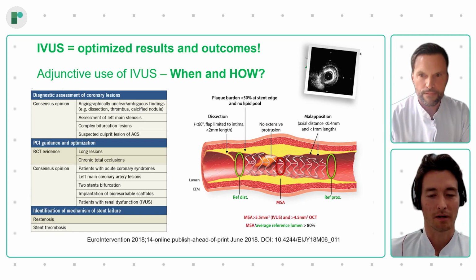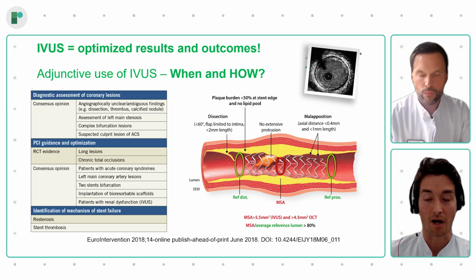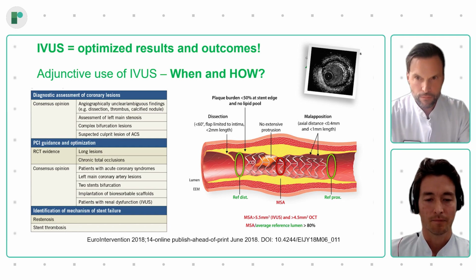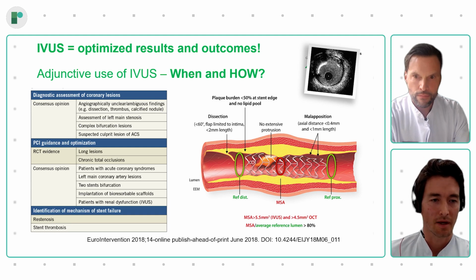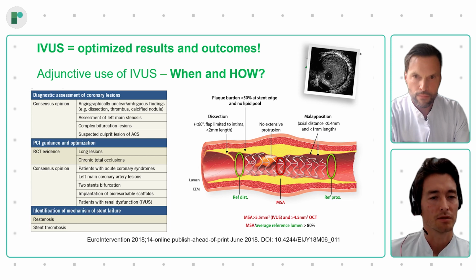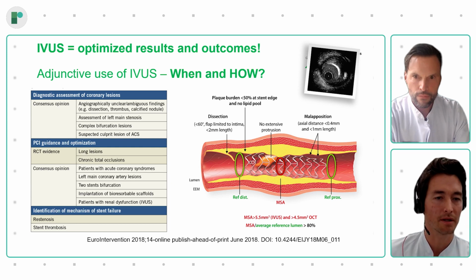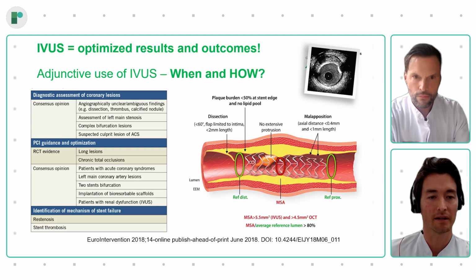It has been shown in the first part of the presentation that the use of intravascular imaging by IVUS or other modalities paves the way to optimize results and better outcomes of our patients. The question, though, is when and how should we consider the adjunctive use of IVUS? According to the consensus paper published in 2018 by Lorenz Räber, it is a consensus opinion that IVUS should be used, for example, in angiographically unclear, ambiguous findings.